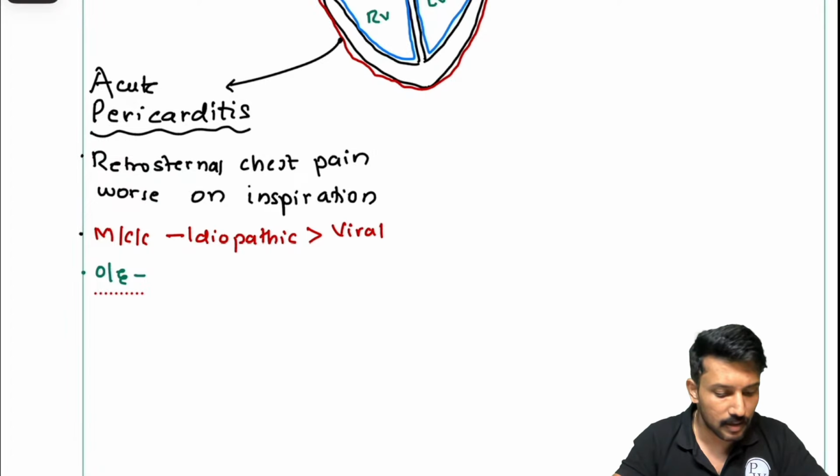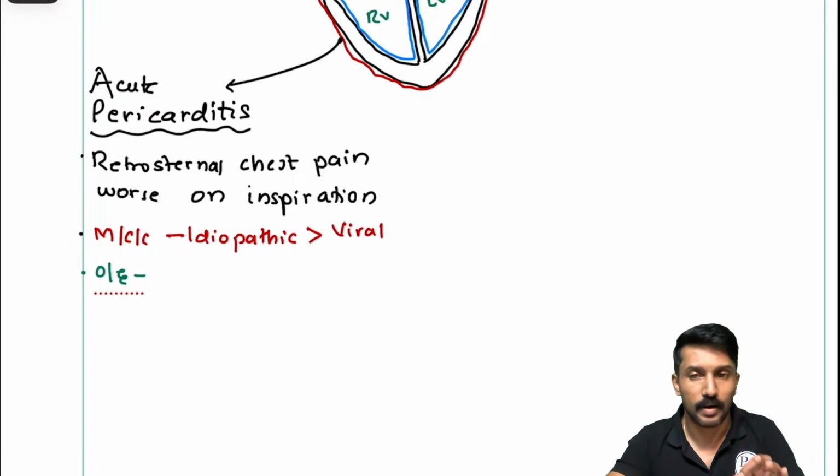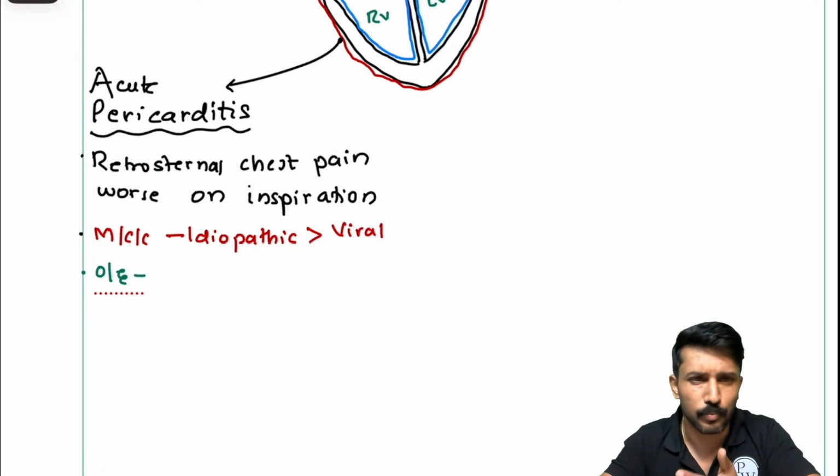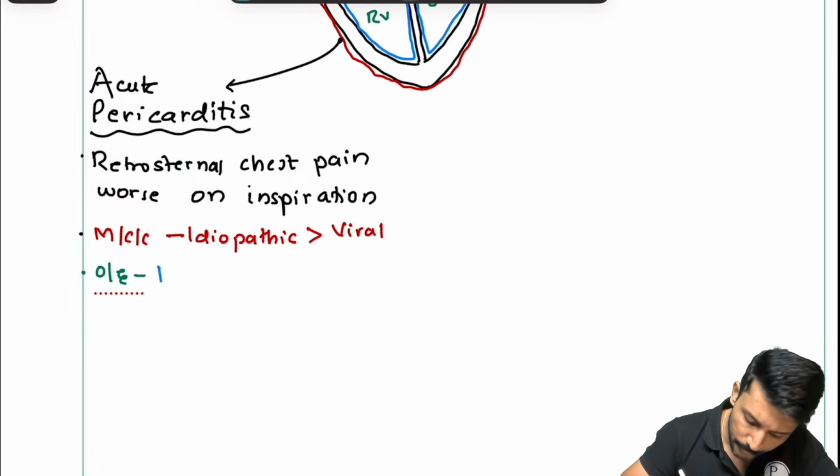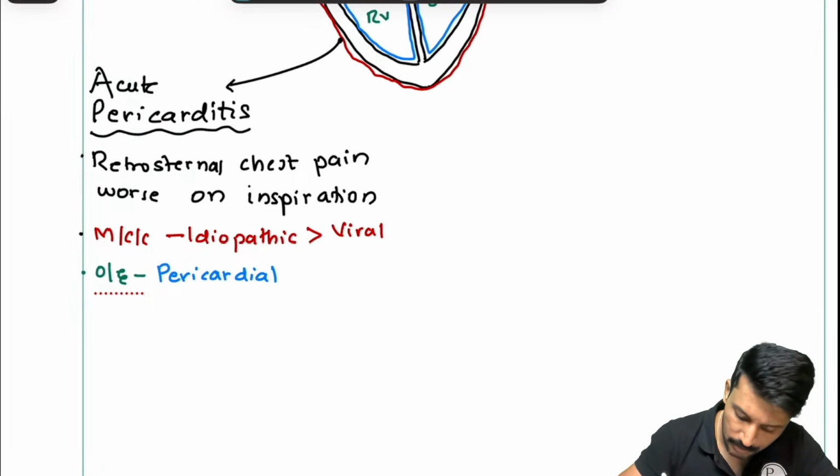Their rubbing produces a rubbing noise, which we call pericardial friction rub, or in simple words, pericardial rub. So I'm expecting to get this on examination.